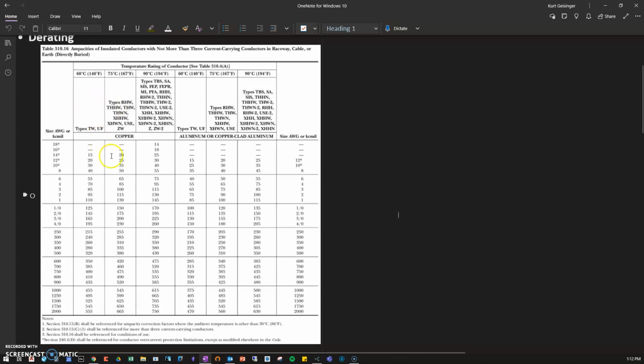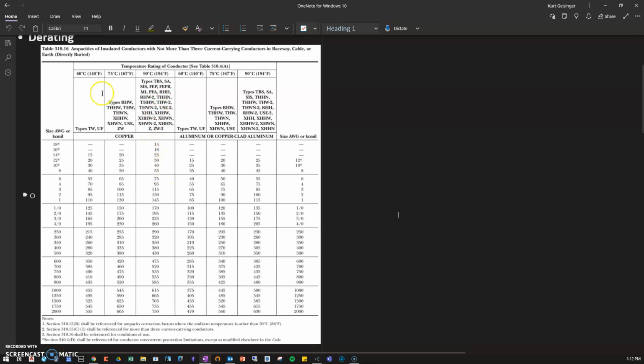We're going to default to the 75 degree column. We're not going to do that when we're derating. That's going to be an exception to that rule. When we're derating, we're going to go as high as we possibly can. So if I have THHN and it's rated 90, I'm going to use 90. And we'll maybe see some reasons for that when we do some examples here in a moment.